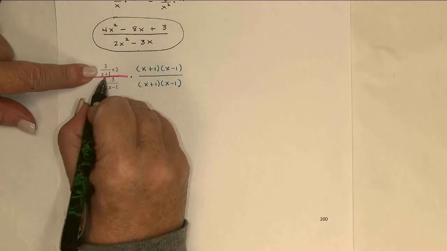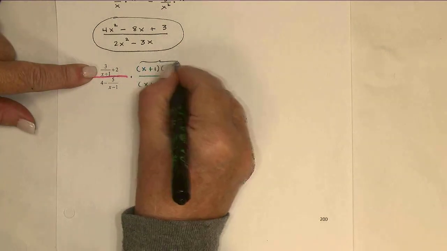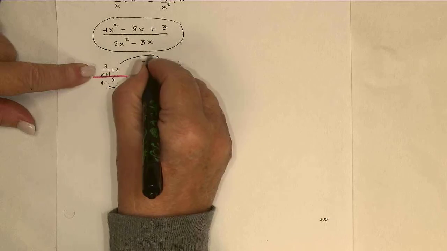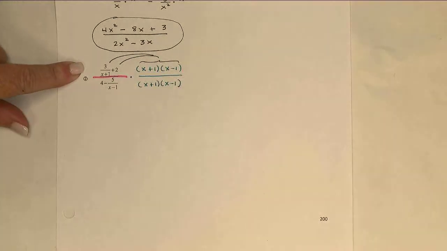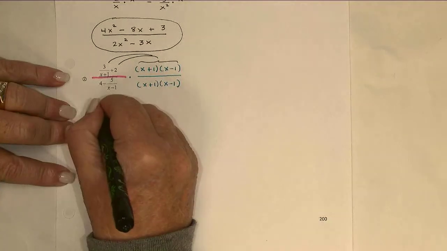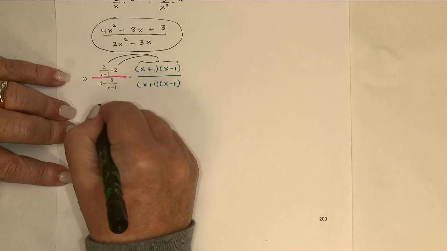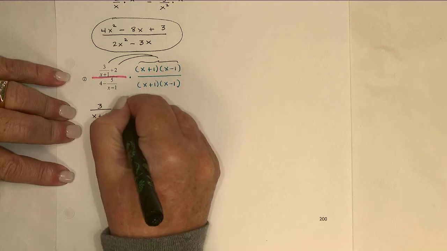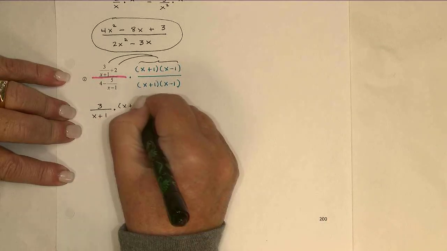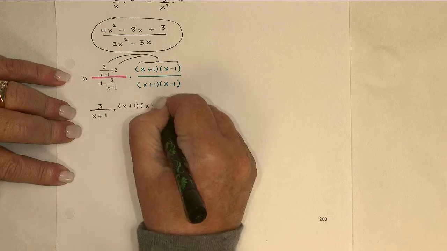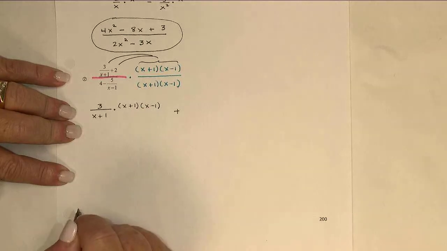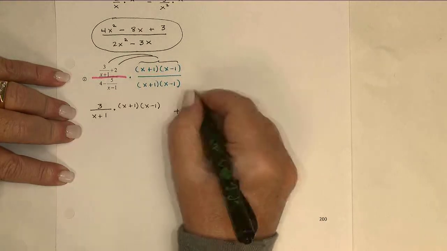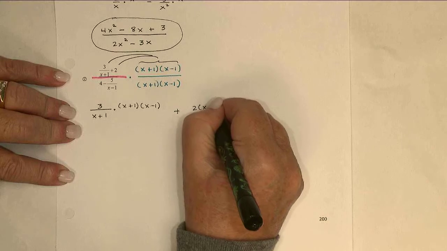On the top, I have to distribute this to both terms. So I have 3 over x plus 1 times x plus 1, x minus 1, plus 2 times x plus 1, x minus 1.